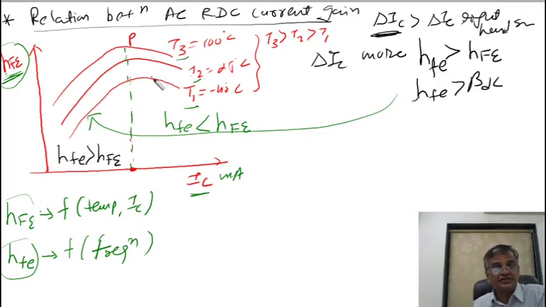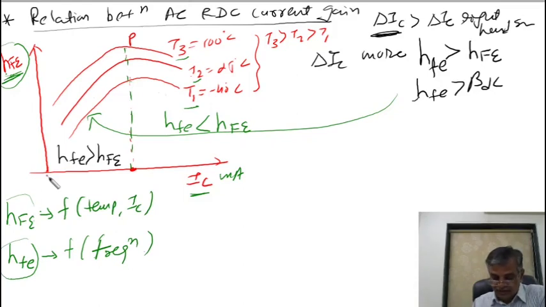So again the same question arises as in the previous topic: sir, this is different. There is a wide variation in AC current gain and DC current gain for a higher value of collector current and for a lower value of collector current.